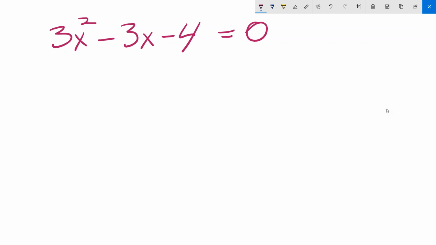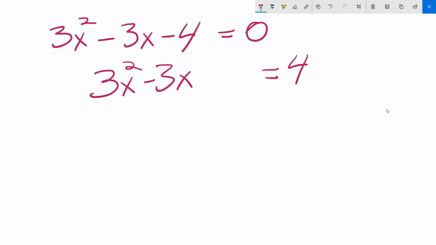Okay, now I'm going to start out doing the same thing. But there's a problem in that you cannot complete the square until you get the coefficient of the x squared term to be 1. So what do I have to do?